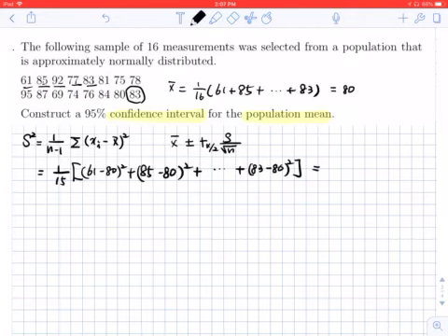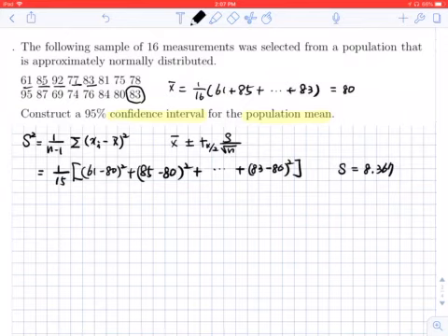Then we get the value, and finally s is the square root of s squared. When you calculate it, you will get 8.367. I will not go through all the process, but you do the math and you will get that value.